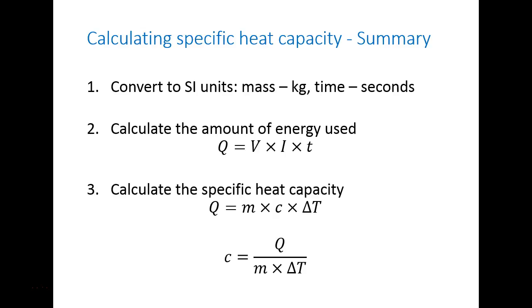Rearrange it, and you're going to have Q divided by M multiplied by delta T. So whatever heat energy you get from the first equation, V times I times T, you then put it into the last equation. And you also put the mass in and the change in temperature, and you should get the specific heat capacity of water. So I hope this one helps you with this type of problem.